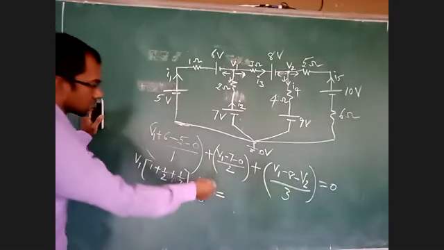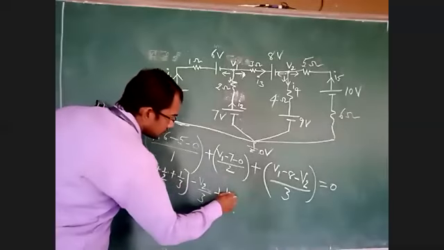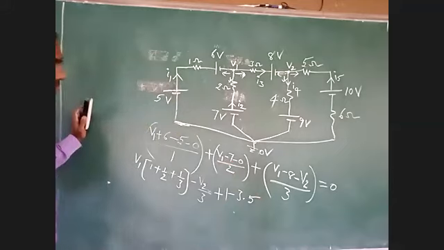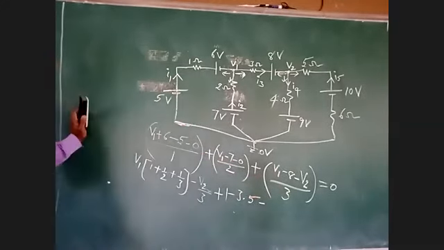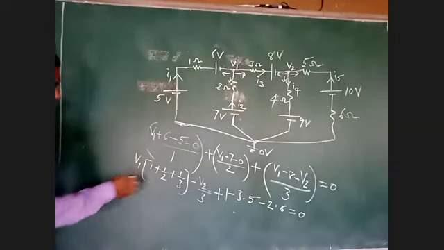If 1 comes to that side, it is 6 minus 5, plus 1. 7 by 2 is 3.5, 8 by 3 is 2.6, is equal to 0.